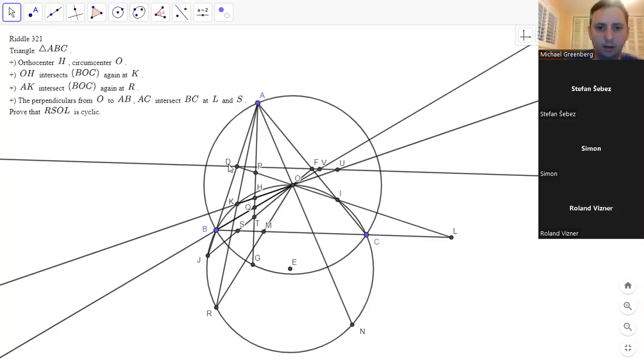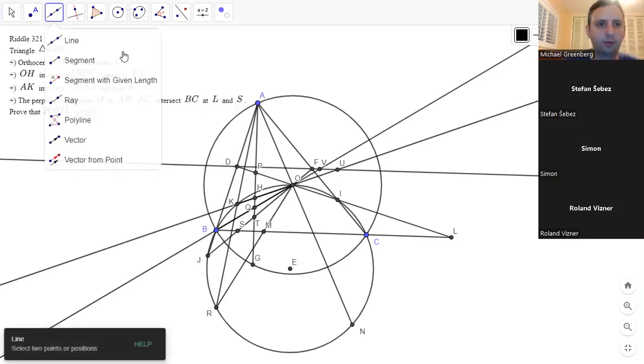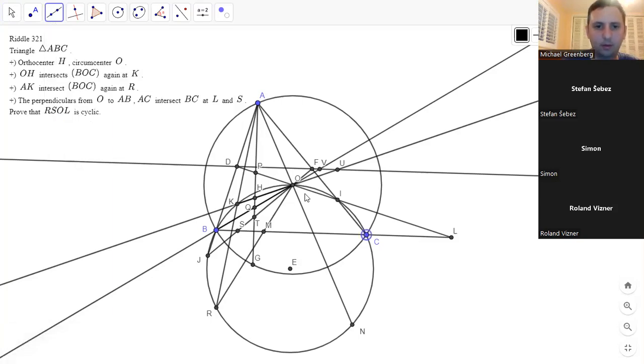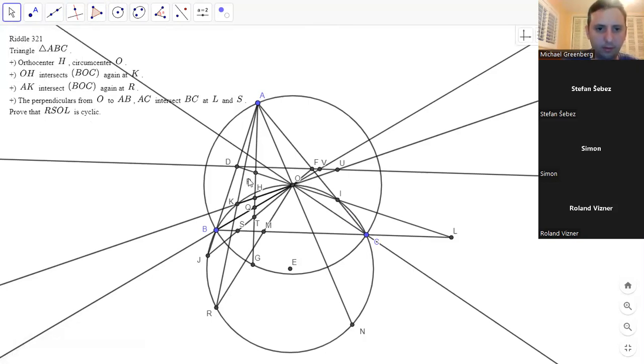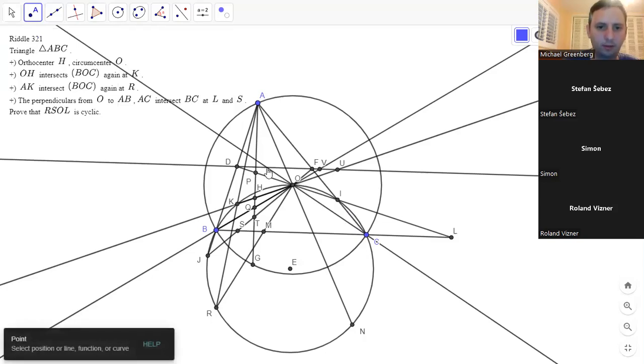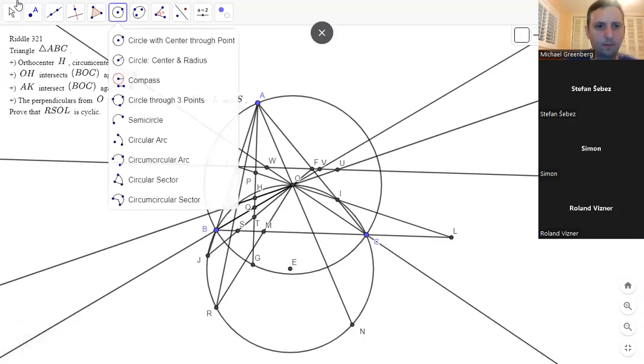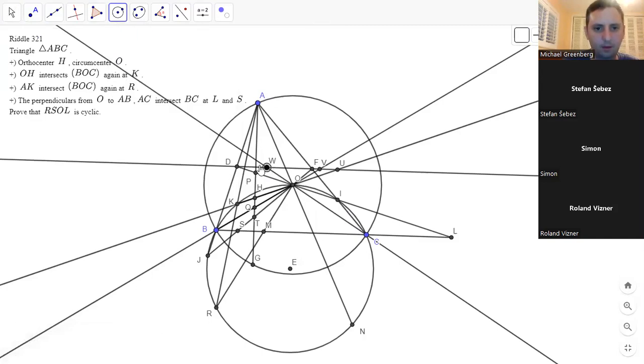I would go to D, B would go to V, and C goes to something. I wonder if those are harmonic. Let's check. I don't think so. But if C intersects this at point W, so we want to show that (D, W; V, infinity) is like (D, F; V, U).